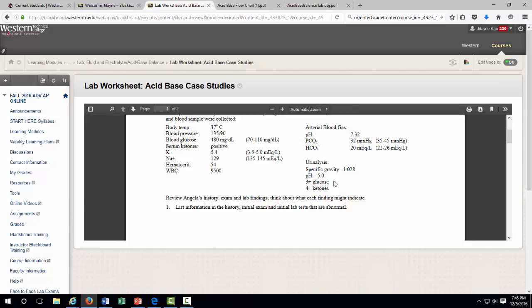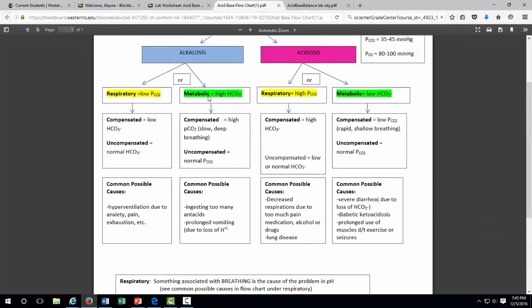Number 1, using the flow chart, pH, and then you're going to look at PCO2 or the bicarbonate ion. Which one is off, right? Whichever one is off, that's the cause. If bicarbonate ion is off, and that matches, and I should clarify, I'm going to show you one quick thing here before you get started.